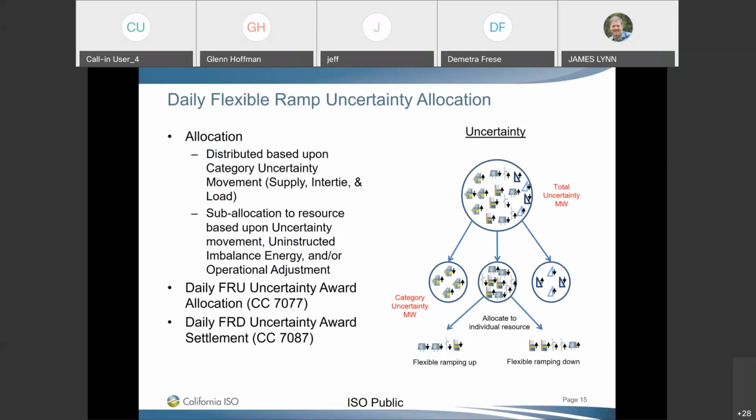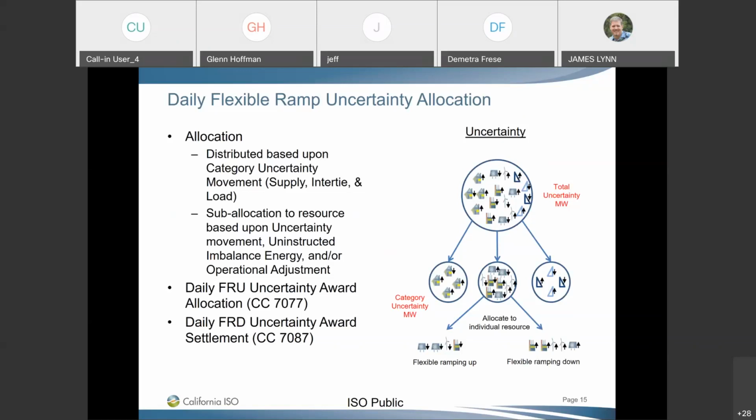And then how much of the flexible ramp was awarded or used to resolve the EIM area. Okay, once I determine what the total flexible ramp uncertainty costs are, we then have to determine who we have to allocate it to. And what we use is what we call uncertainty megawatts.